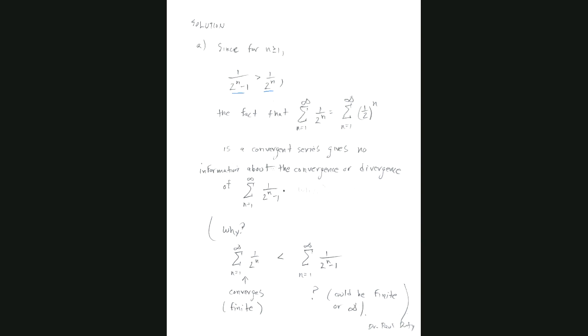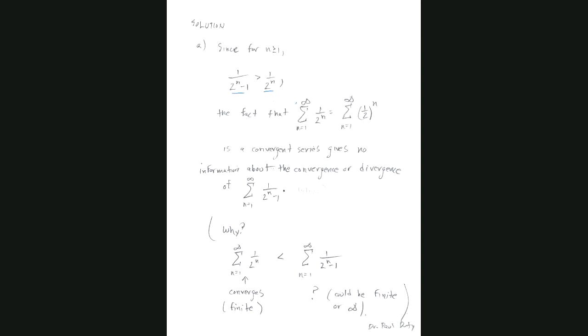We know that the series, where n equals 1 to infinity of 1 over 2 to the nth power, we can write as the series n equals 1 to infinity of a half to the nth power.